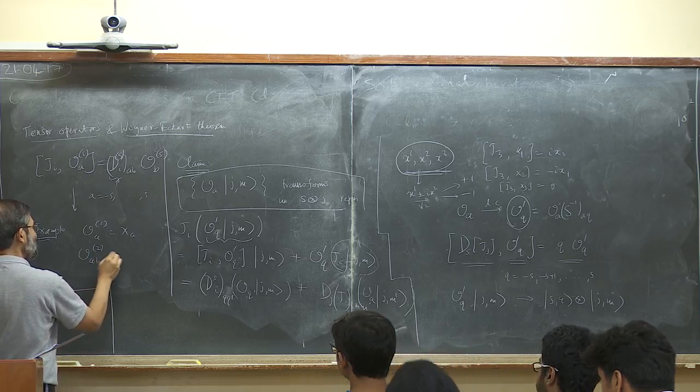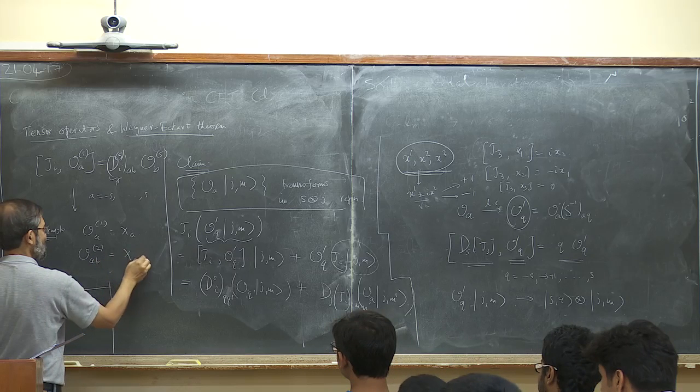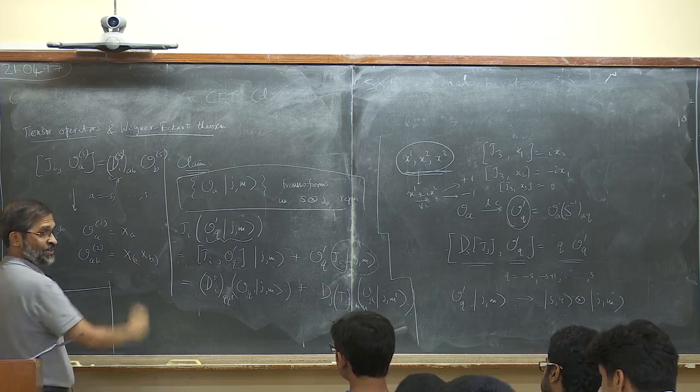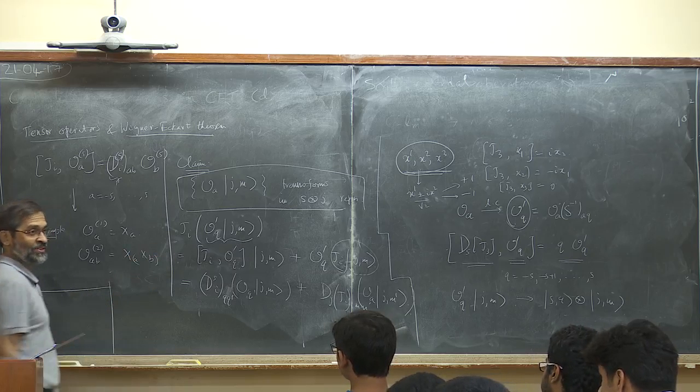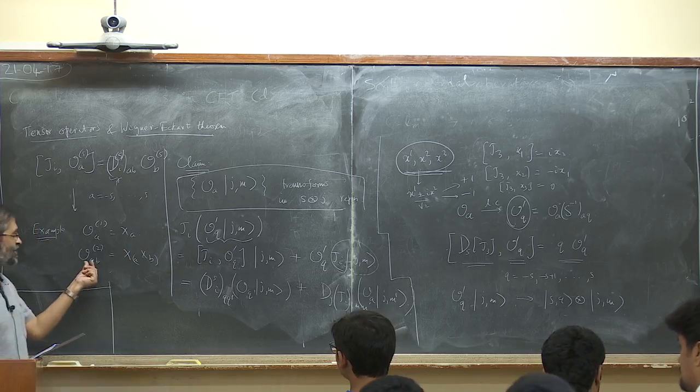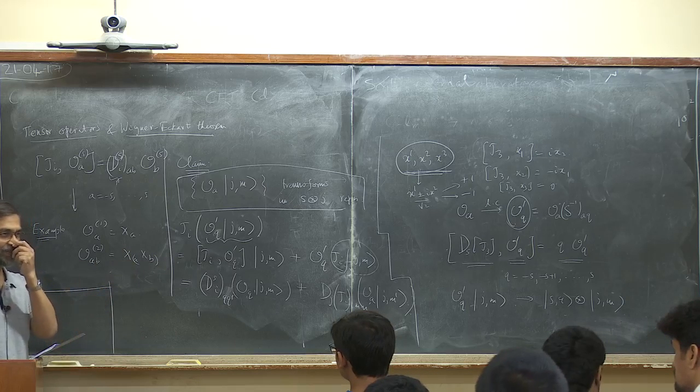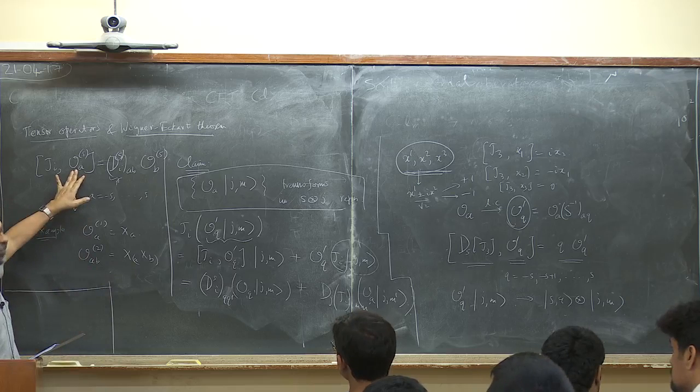Let's say this is x_A x_B, symmetrized, and all that stuff, in which you also take the trace out. So this is a spin 2 representation, etc. So this is a composite label.